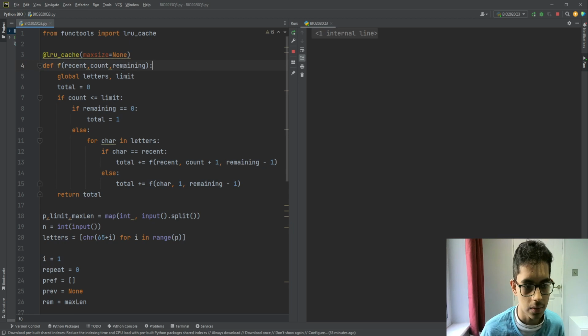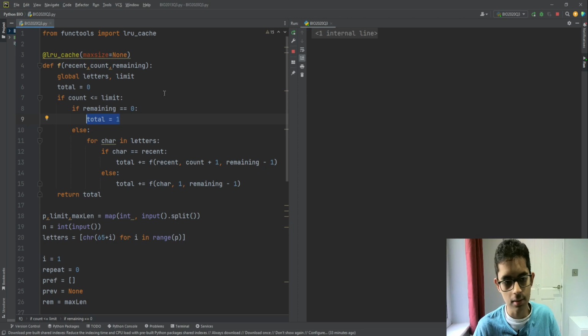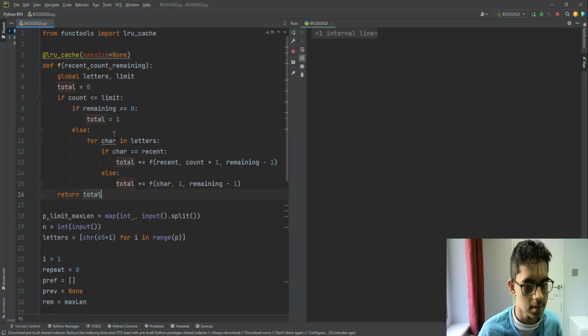So for that purpose, we have remaining as one of the variables passed. And if remaining has the value of 0, then we know we have no more letters remaining. That means the total number of permutations of that particular substring is only 1, since there's only one way we can get it, since we can't add any more letters. So that's it for that substring, and then we return this.